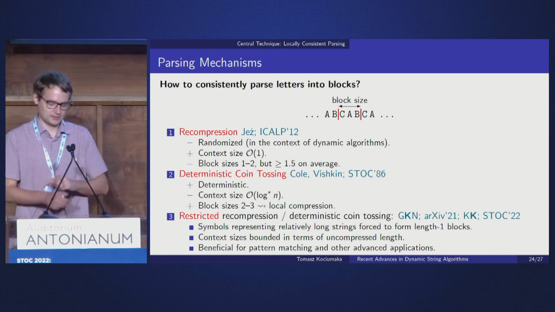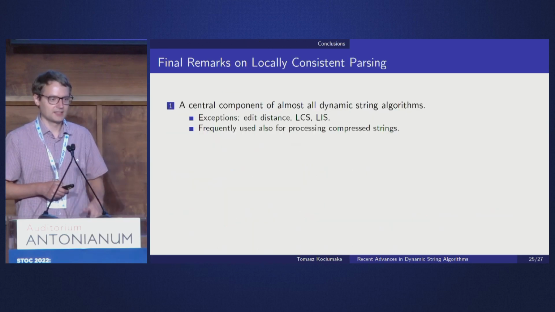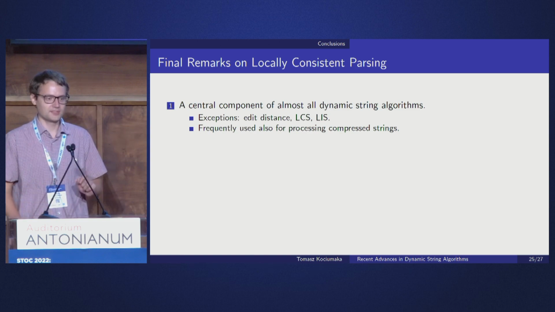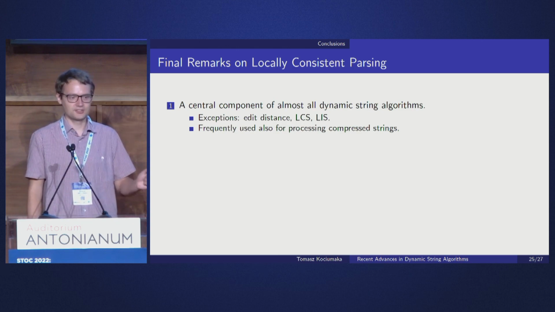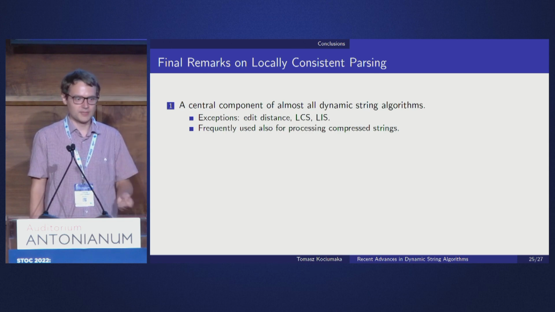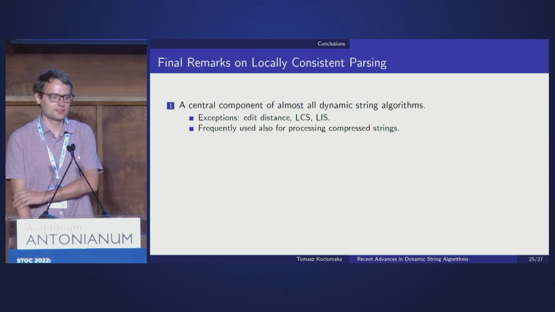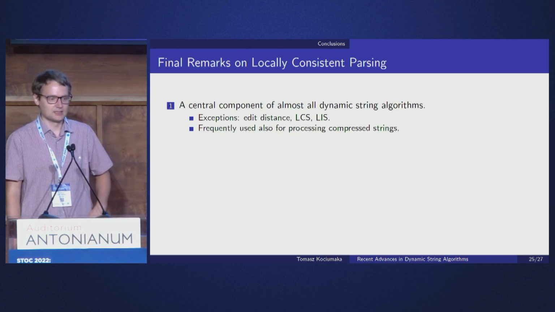So this is the main technique, and actually it is used in all the algorithms I have discussed previously, with just 3 exceptions: array distance, LCS, and LIS. All the others use this locally consistent parsing as one of the key components, and this is of course combined with problem-specific tools, which have typically been known from some other variants of the same problems in other models, like space-efficient implementations or simple offline algorithms.